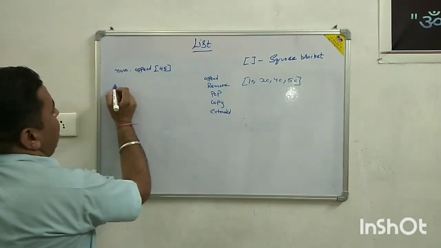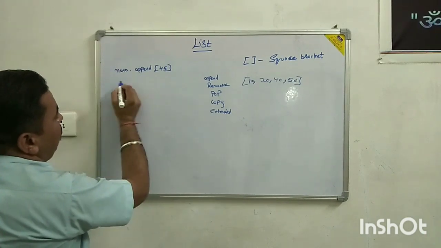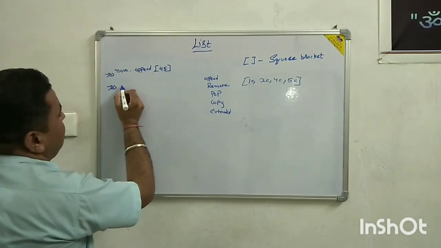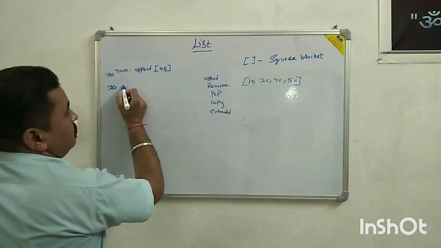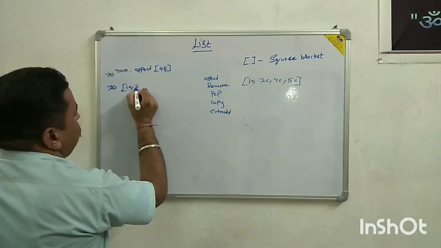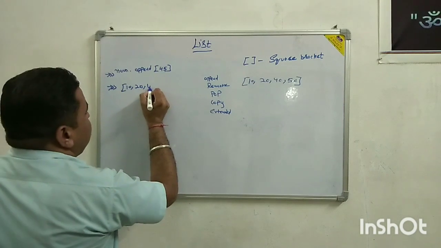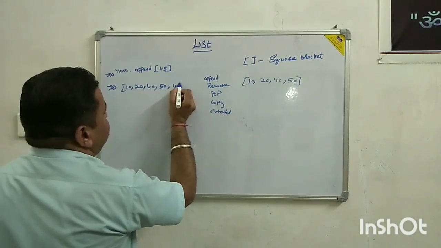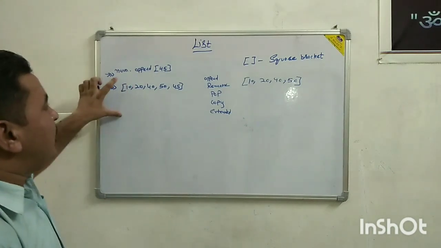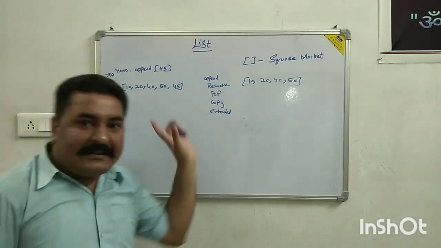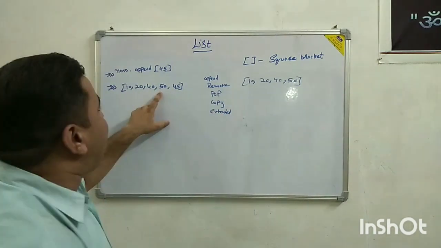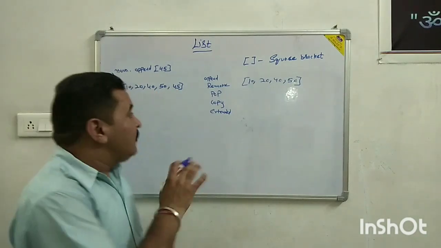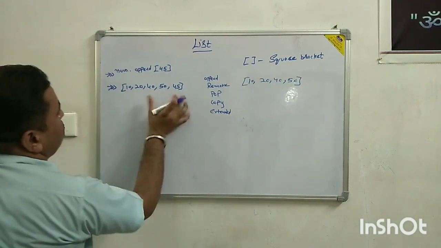When we append using this function, this will show us a result of 10, 20, 40, 50 and here comes 45. So append means it will add the value at the last of the list of elements, and then it will show you this result.